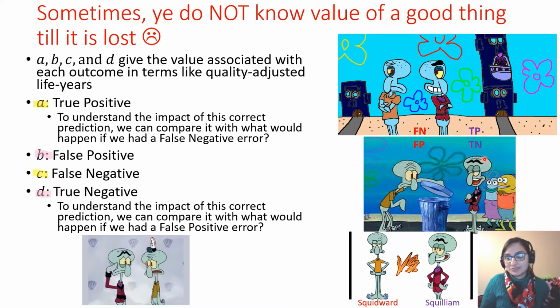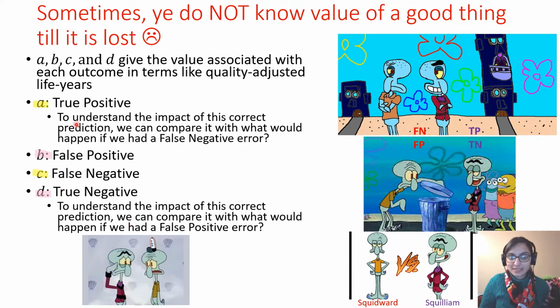Or when he's a true negative, how it could have instead been a false positive. So hopefully when he's evaluating his life and his luck, touch wood, he would be comparing it with Squidward's and then realizing that he is lucky.